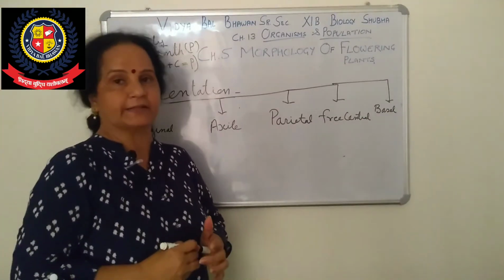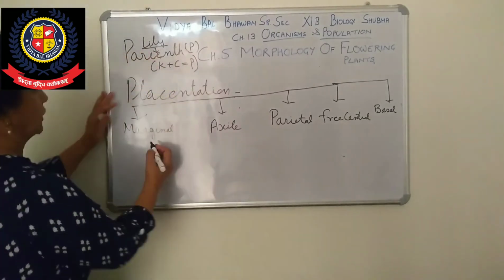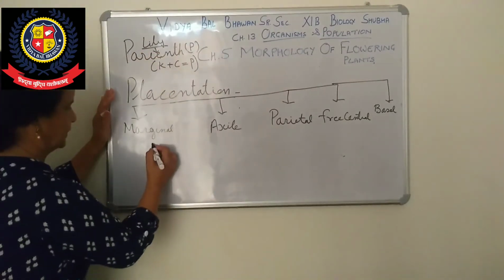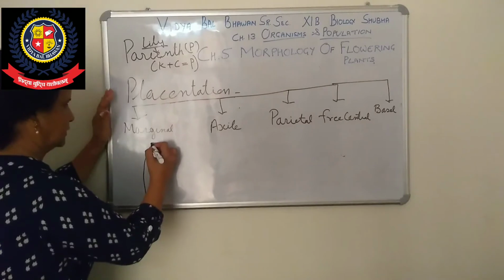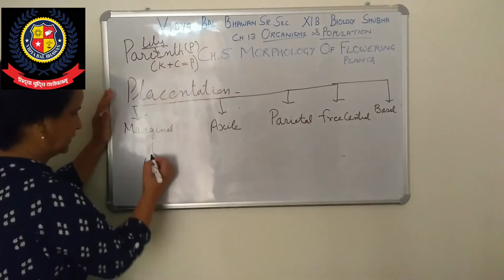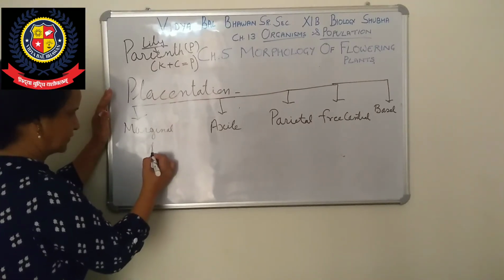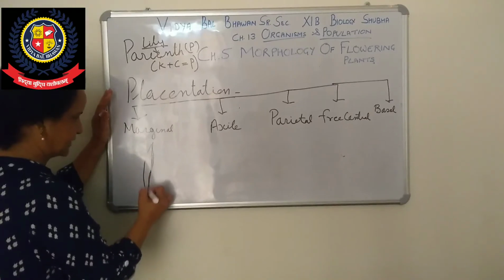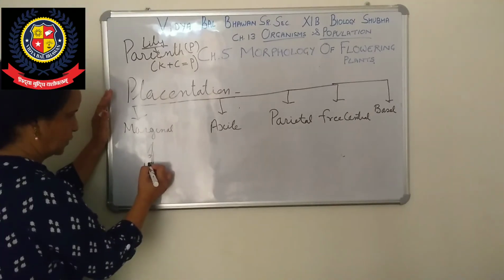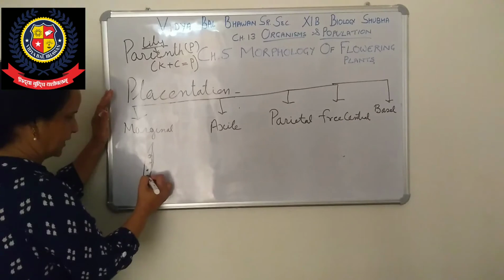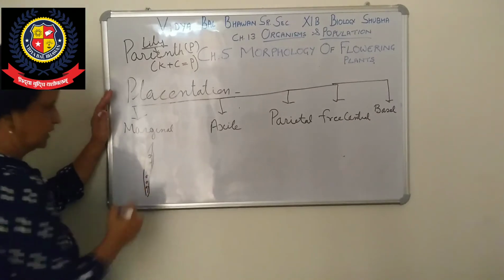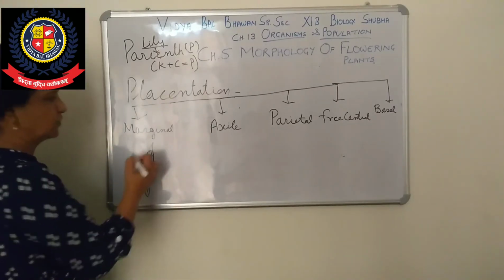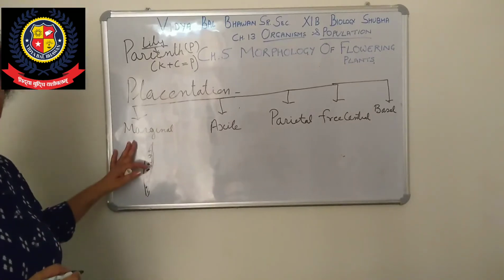These are the different patterns. When we talk about marginal, think of the pea pod you have seen. Double ridges are there, that is the placenta, and the ovules are there, which later become seeds. That pattern is called marginal.